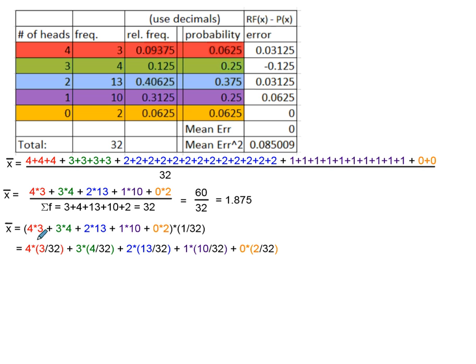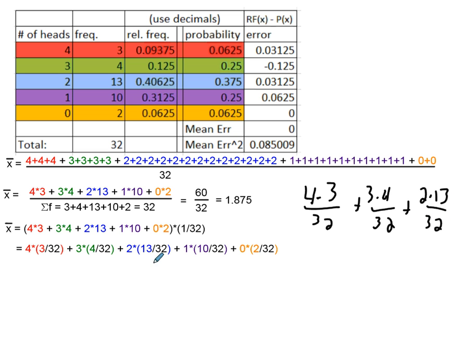Right? 4 times 3 thirty-seconds, 3 times 4 thirty-seconds, and so on. If we want to see this in fraction form, we would say 4 times 3 over 32, and 3 times 4 over 32, and 2 times 13 over 32, and so on.